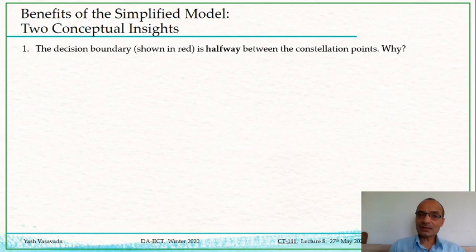We have seen this in the two examples. For BPSK, the 2 points are at minus A and A. Halfway between them is r equal to 0, which is where the decision boundary is. Whereas for OOK, the 2 points are 0 and plus A. So the halfway point is A divided by 2. And so the decision boundary is halfway in that case also.